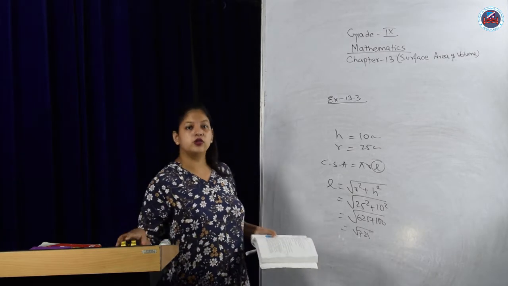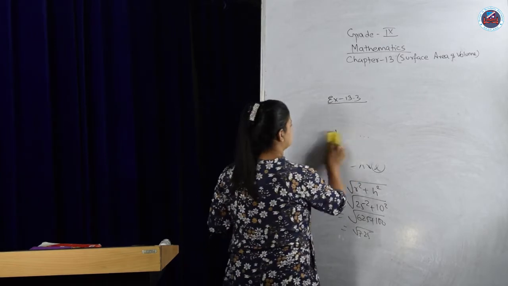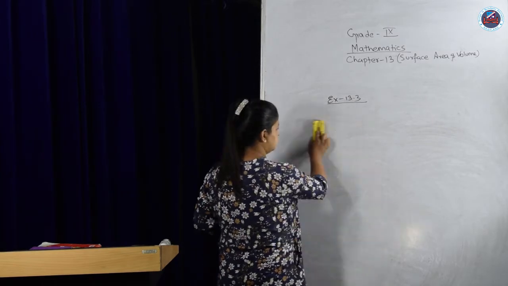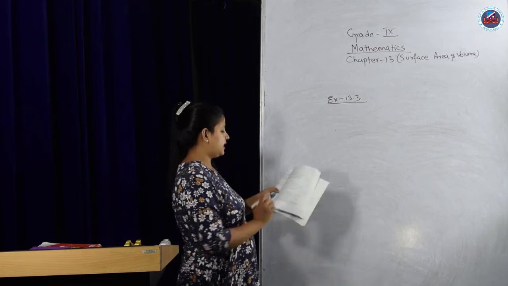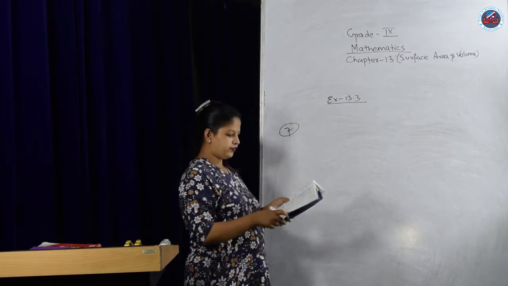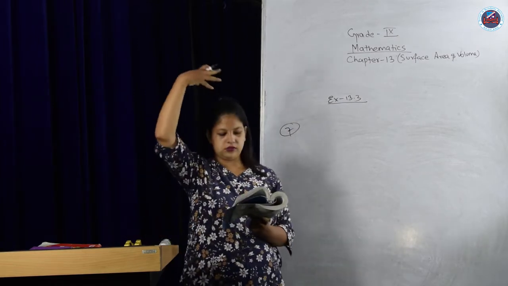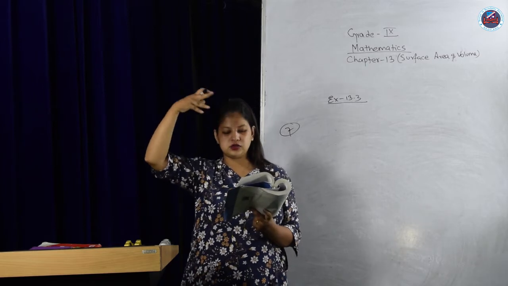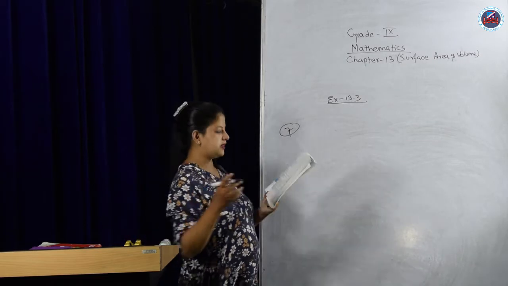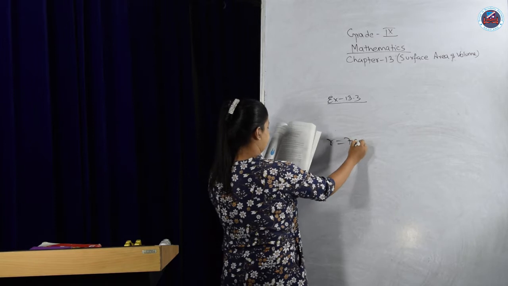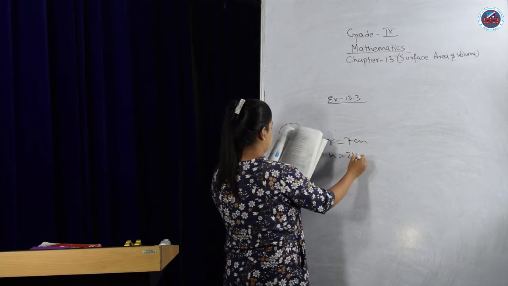Now let us look at question number 7. Says a joker's cap is in the form of a right circular cone of radius 7, height 24.